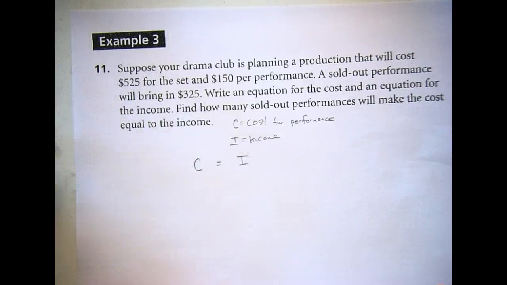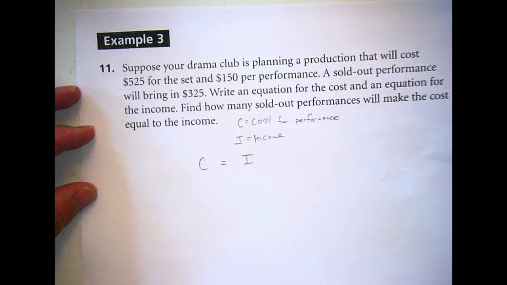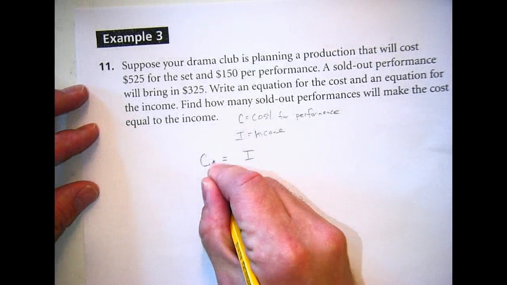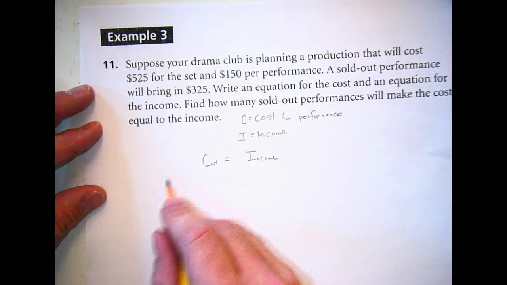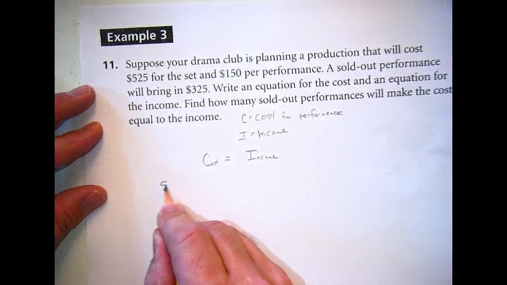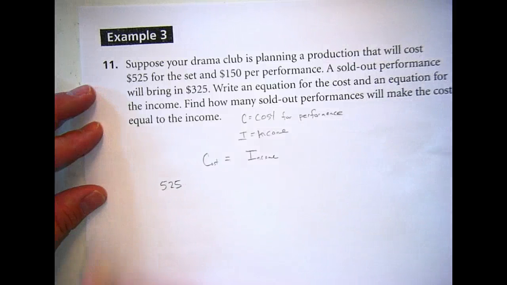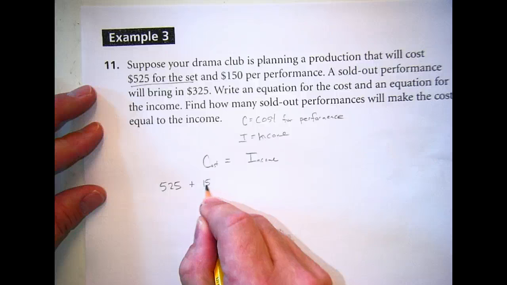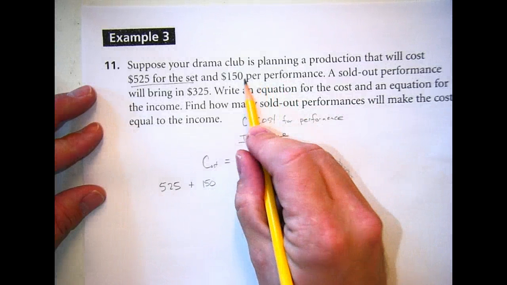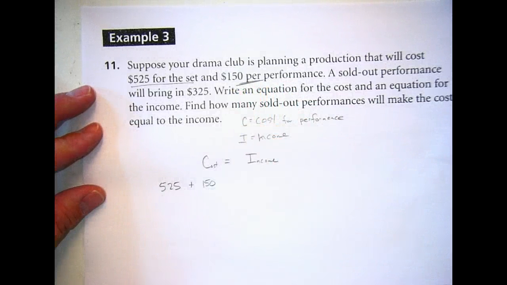What are all of our costs? How do we come up with the total cost? You do 150p, which would be the performances, plus 525. Okay. So 525 is a one-time charge for the set. And then the recurring charge is the 150 per performance; usually "per" tells you a rate.